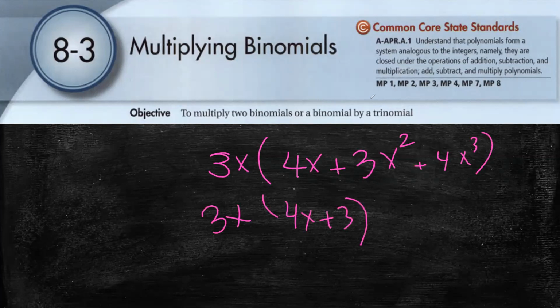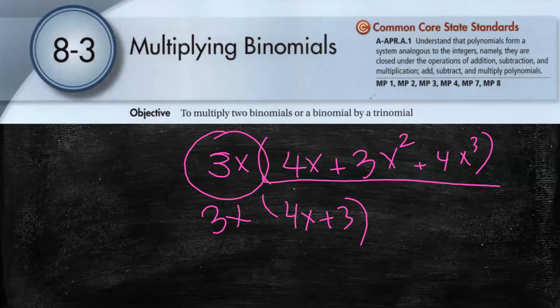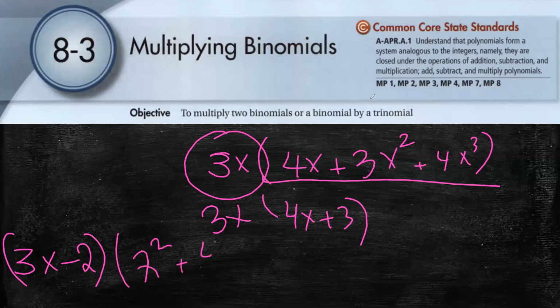This is what we learned in lesson 2, multiplying a monomial with a binomial. In this lesson, we learn how to multiply 3x minus 2, which is a binomial, by another binomial, like x squared plus 4. So we learn how to multiply a binomial with a binomial, and then a binomial with a trinomial.